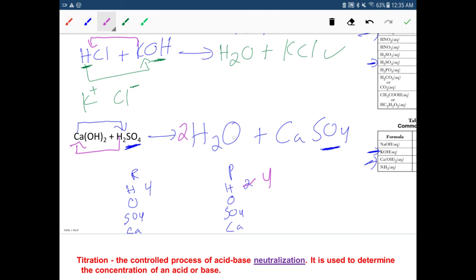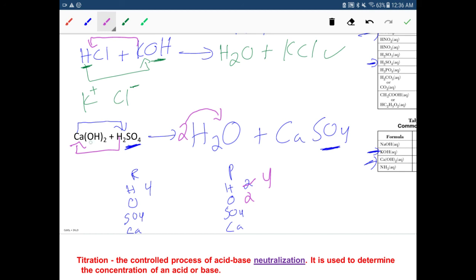Now for oxygens in the products, I multiplied it by 2, so I have to distribute this 2 to the whole water compound. So I have 2 oxygens, 2 times O. And again, don't worry about this oxygen here, because we already counted it in the SO4, because it's a polyatomic ion.